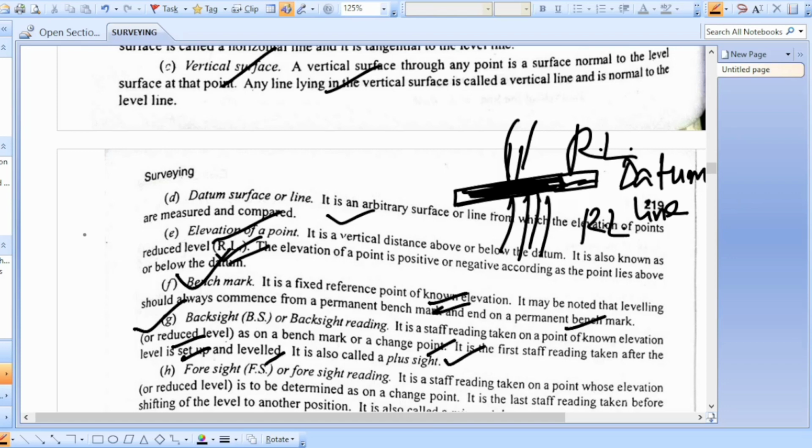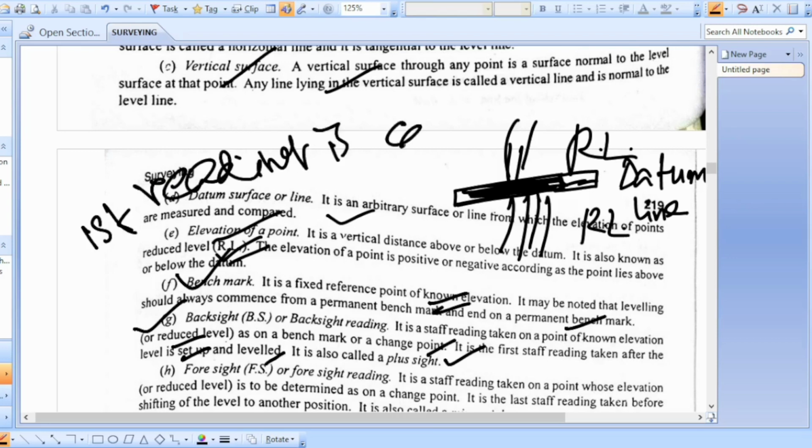First reading is called backsight, benchmark BM.